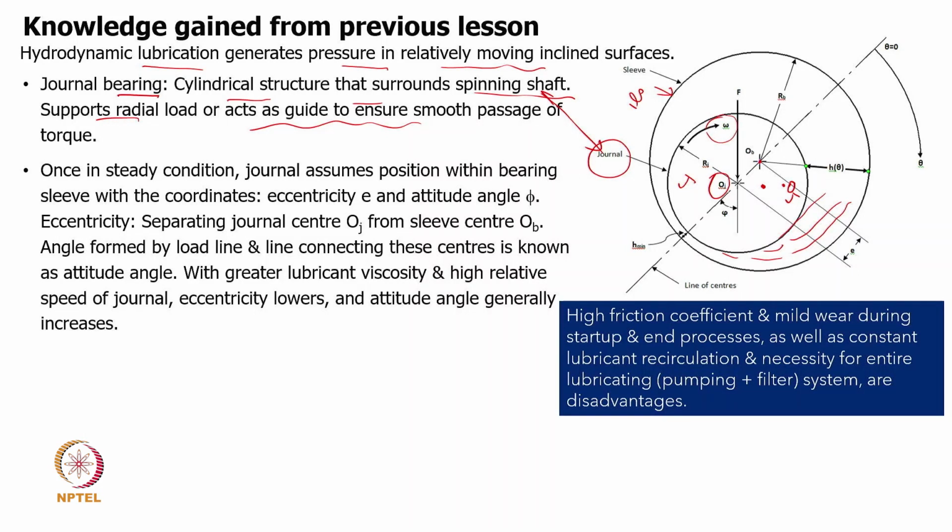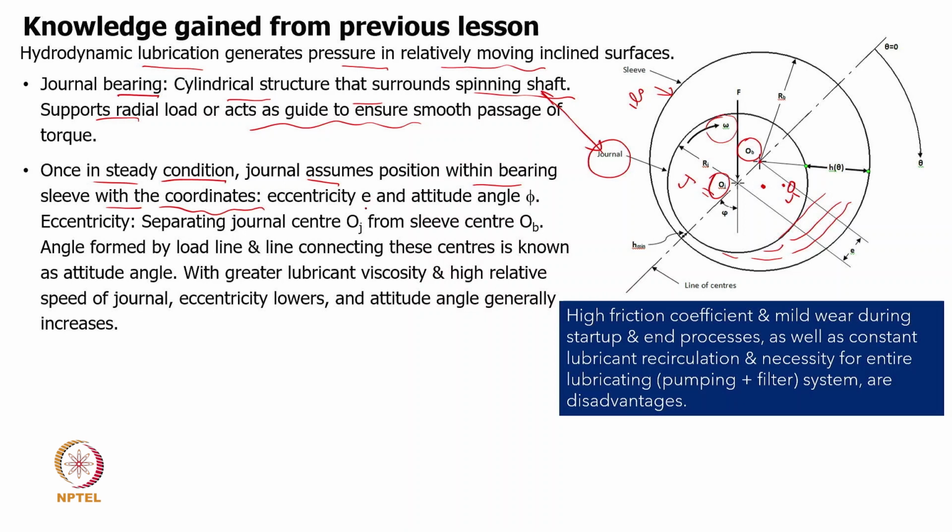Now coming to the steady state condition, as I mentioned, here OB is the center of the journal bearing, and OJ is the center of the journal. Once this becomes a steady condition, the journal assumes a position within the bearing sleeve. This position can be defined with coordinates.